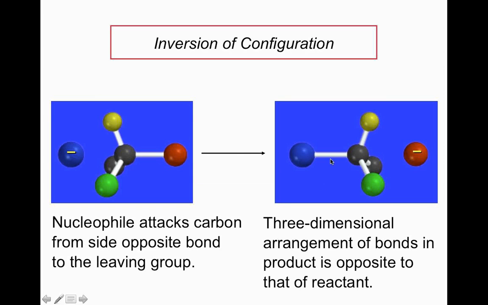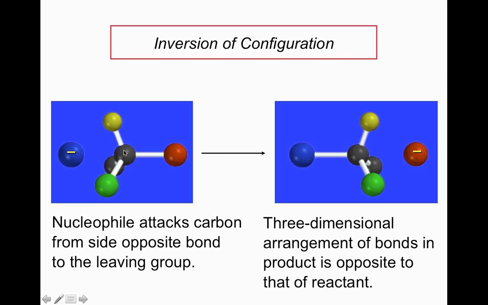So here is a 3D model showing you an example of what this looks like. The nucleophile, in this case indicated with the blue sphere and a negative charge on it, approaches from the opposite side of the leaving group, indicated with the red sphere here in the molecular model. As the nucleophile bonds together with the alpha carbon, the leaving group leaves, producing a negative anion leaving group.